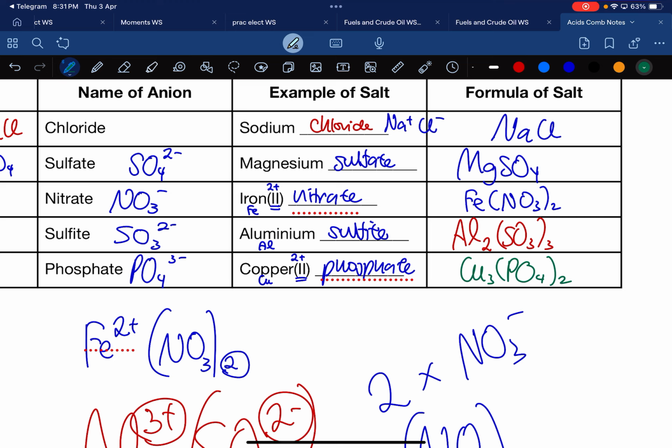Bracket 2. Good. Are you okay so far? Good. Yes? We are going to do some questions. Go.